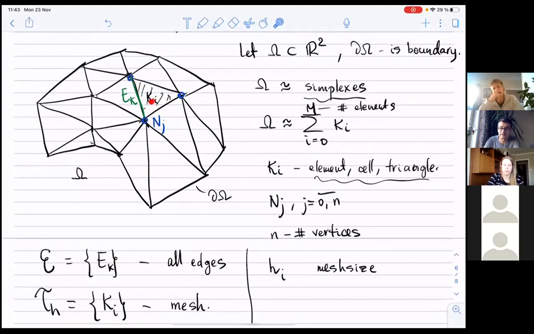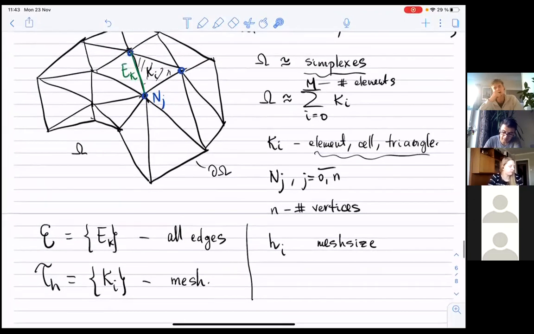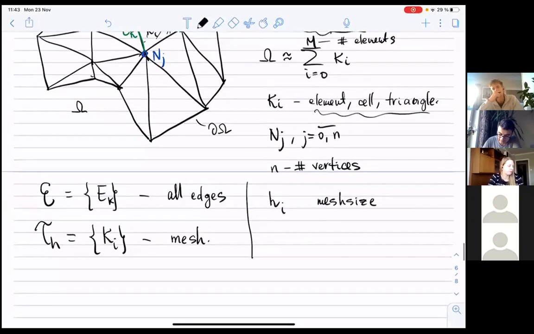These triangles, look at this one. So what's a mesh size associated to this triangle? There are many definitions of mesh sizes, but one of the commonly used is to take the mesh size to be the diameter of Ki.